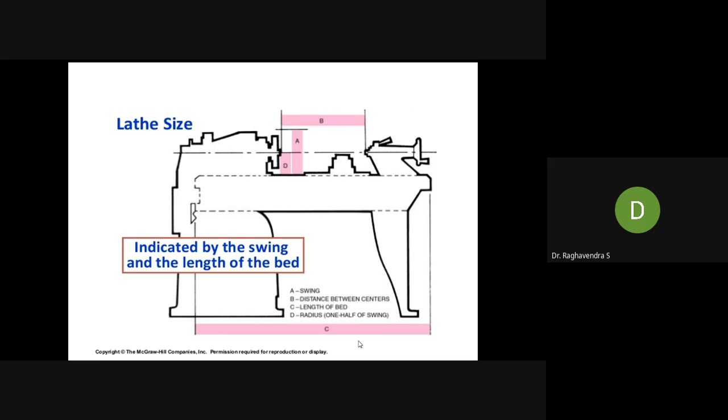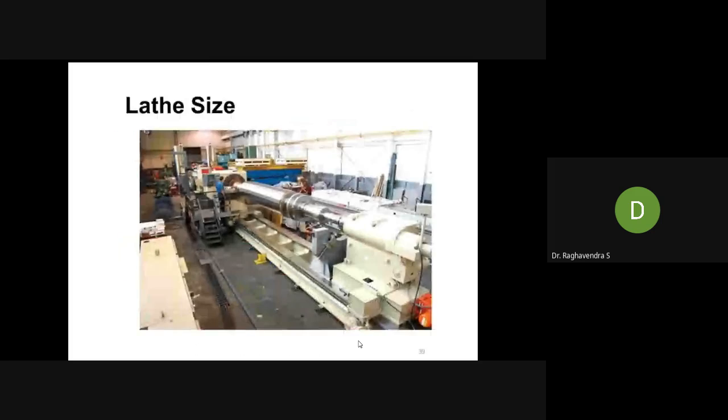B is the distance between the centers, the maximum length that the lathe can accommodate. C is the whole bed length, because in any industry space is the biggest constraint, so based on space availability you check the length of the bed, and the radius of the workpiece the lathe can hold.